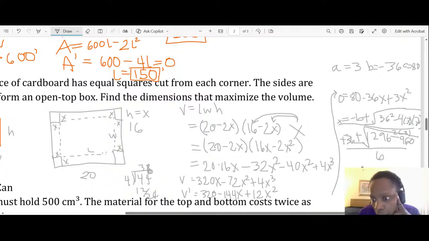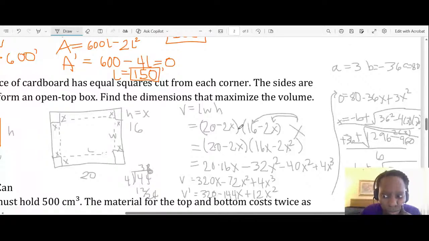So I got 36 divided by 6 is 6. 6 plus or minus the square root of, what's 1296 minus 960? 336. Ooh. Okay.